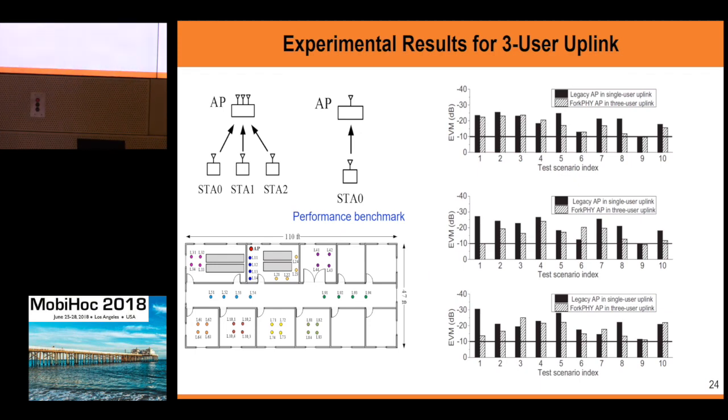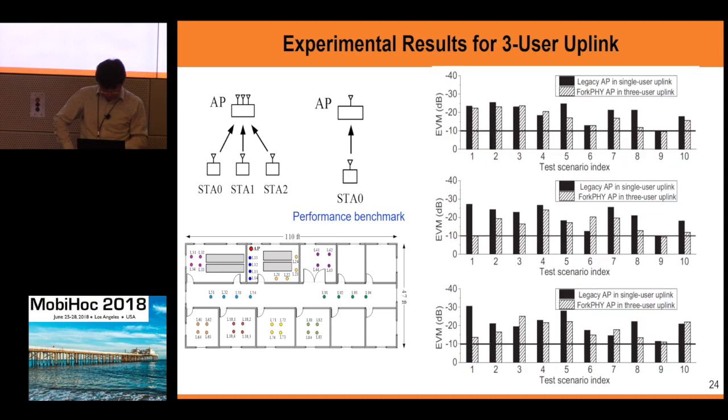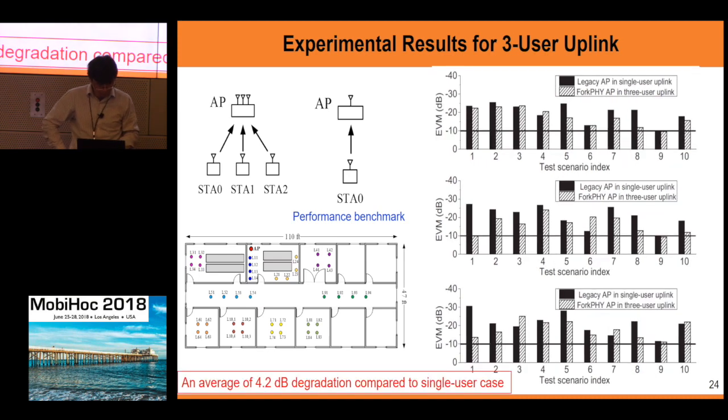Then we studied the 3-user case. Again, we use the single user as a performance benchmark in the 10 different locations. This is the performance comparison. The solid bar is the performance of the single-user case. The shaded bar is the performance in the 3-user Uplink case. We can see the performance degradation is about 4.2 dB EVM degradation.